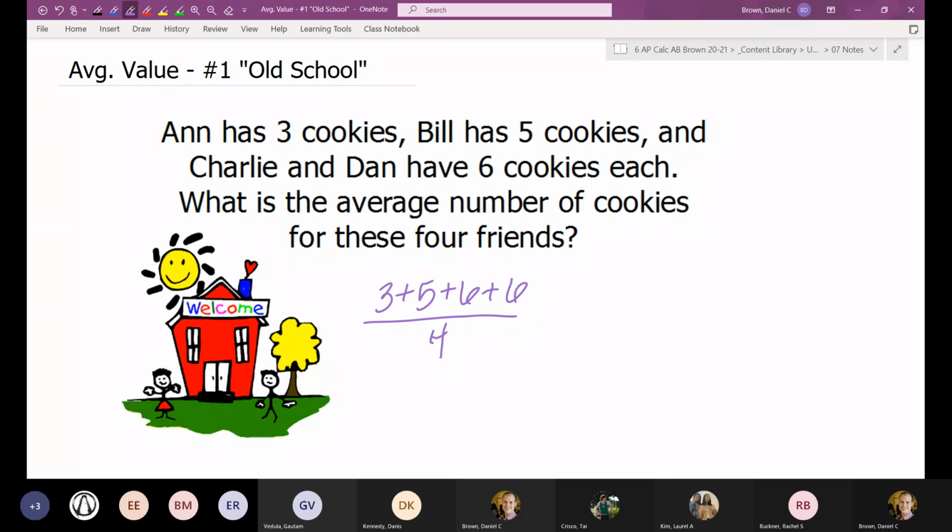How does this connect to calculus? I show you this so you can remember where the formula comes from. When in calculus have we had to find a sum of a bunch of things? Riemann sums.